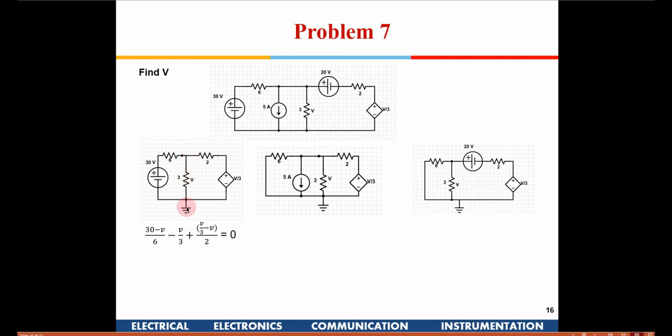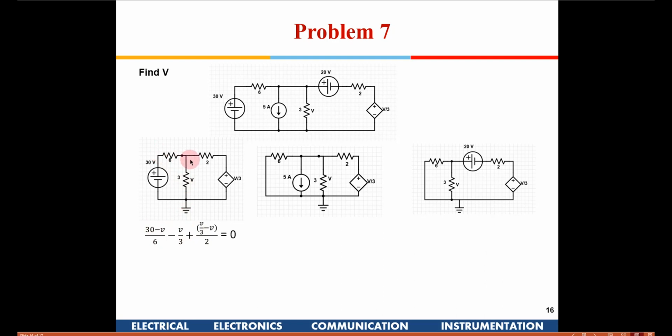We are taking V divided by 3, and this current, V by 3, is coming into the node, so V by 3 minus V by 2. Is it clear? How do we write this node equation? According to the polarity of the currents that we have decided, if the current is coming in, it is going to be positive. So accordingly we have written this equation.